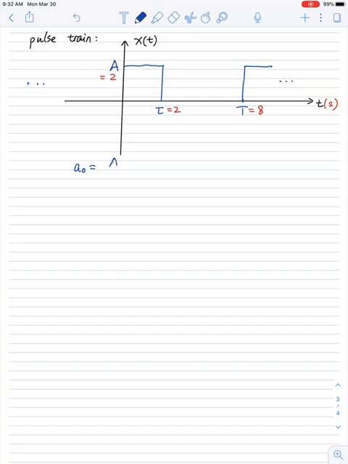So at that time, we obtained A0 is equal to A times tau divided by capital T. And AK is equal to 2A divided by K omega 0 capital T multiplied with the sine K omega 0 tau.